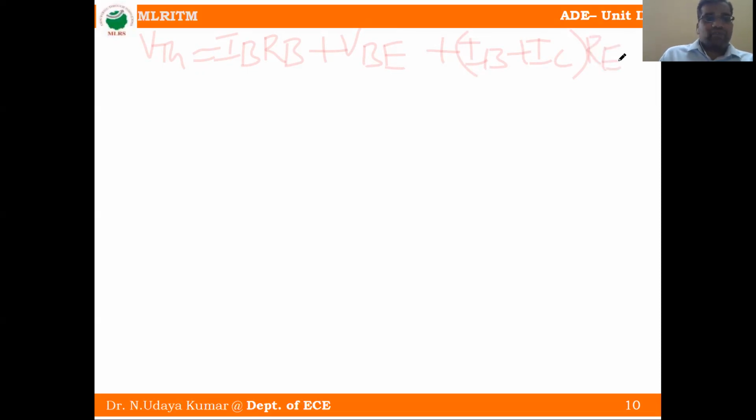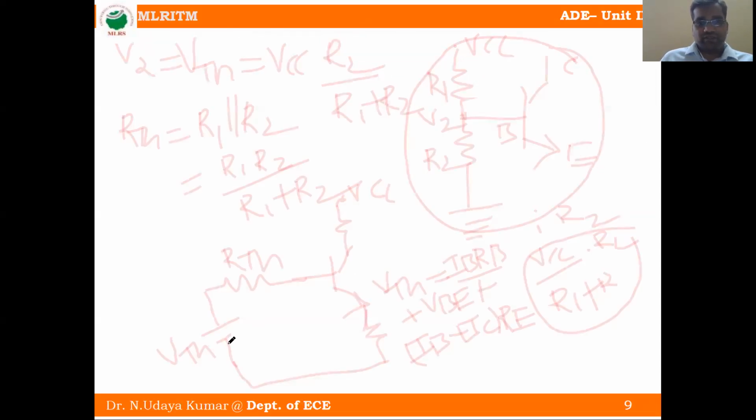So what do you mean by Thevenin voltage? This voltage is equal to IB RB, that is base current and base resistance, plus VBE plus this resistance, (IB plus IC) into RE. Understood? See, V Thevenin, this is the input KVL.